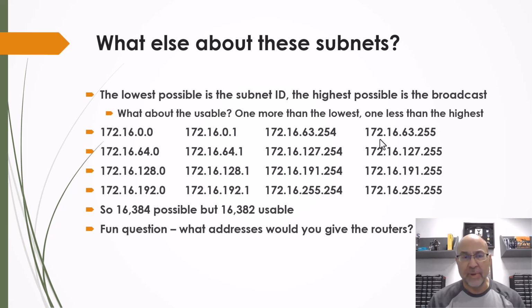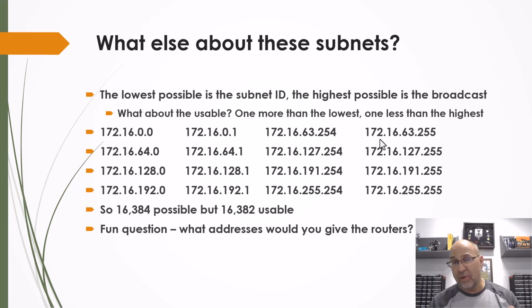So in the first subnet, 172.16.0.0, we know that if we just add 1, then we get 172.16.0.1. That is the beginning of the usable host addresses. The broadcast address for this subnet is 63.255. We subtract 1, 63.254, and that gives us our range of possible addresses.